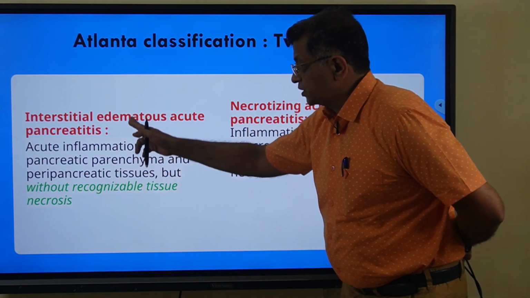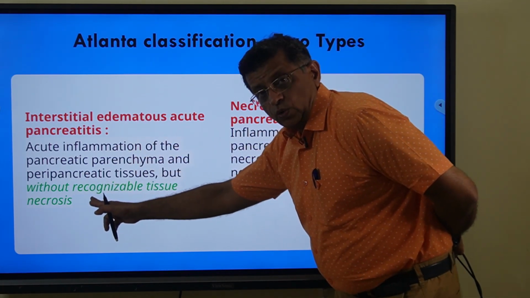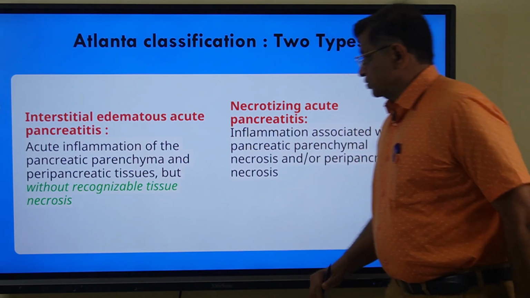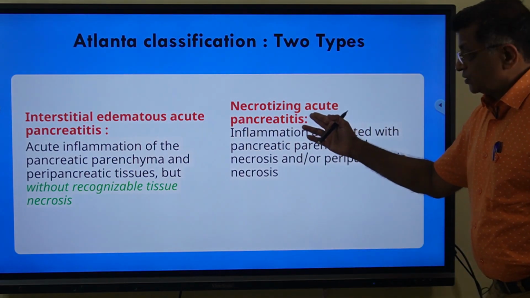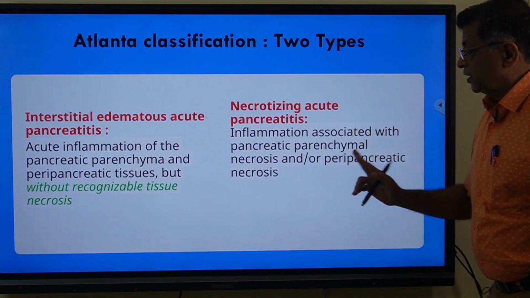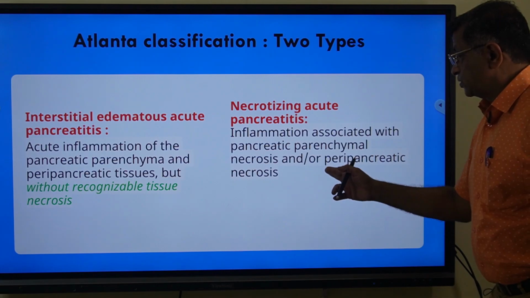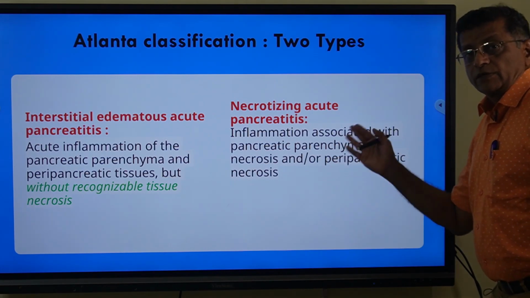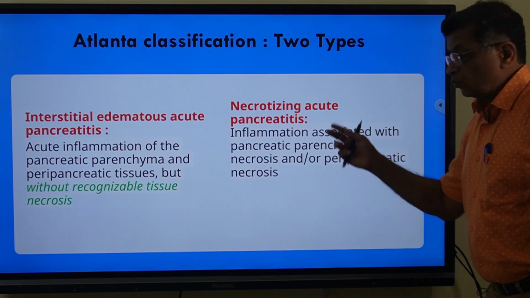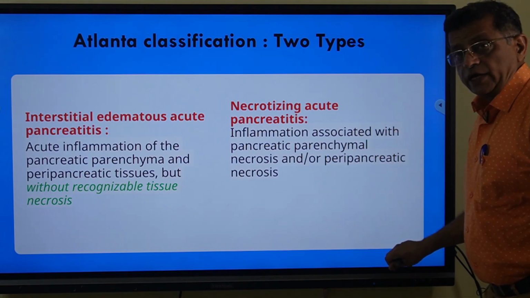As the name suggests, there is only edema but no recognizable tissue necrosis. And necrotizing acute pancreatitis means there is inflammation associated with pancreatic parenchymal necrosis and/or peripancreatic necrosis. So whenever there is necrosis, it is classified as necrotizing acute pancreatitis.